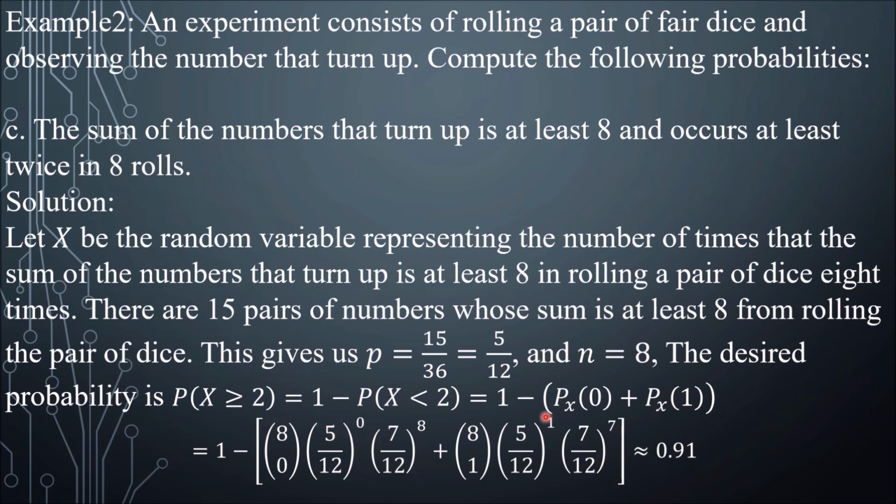Compute this first, subtract that from 1, and then you will get 0.91. The probability of having the sum of the numbers that turn up at least 8, occurring at least twice in 8 rolls, is 0.91.